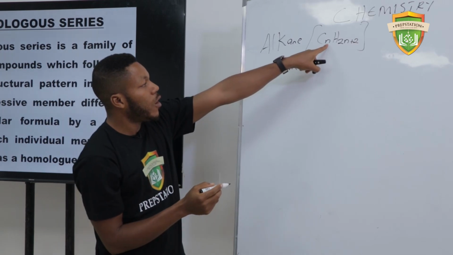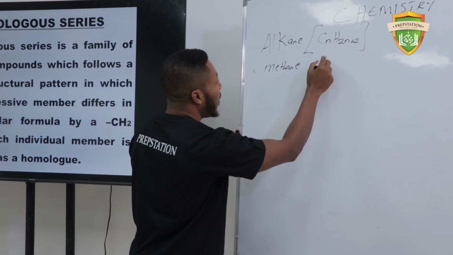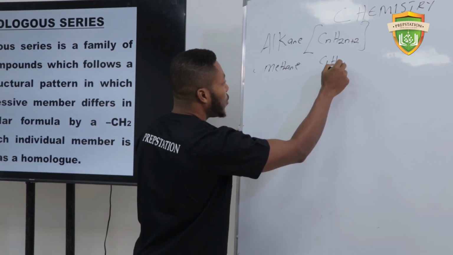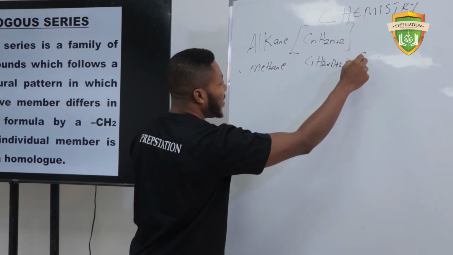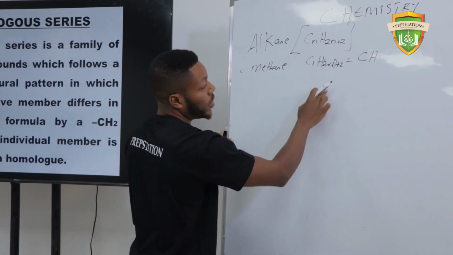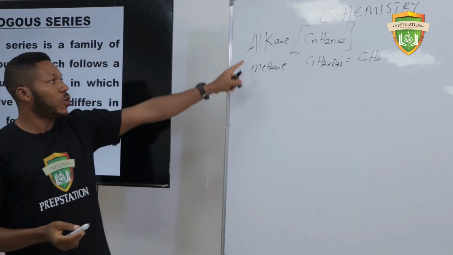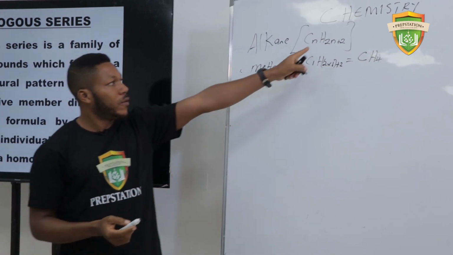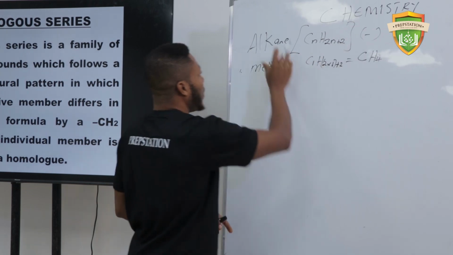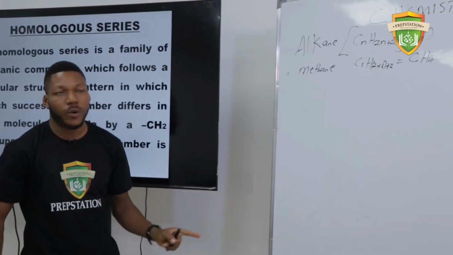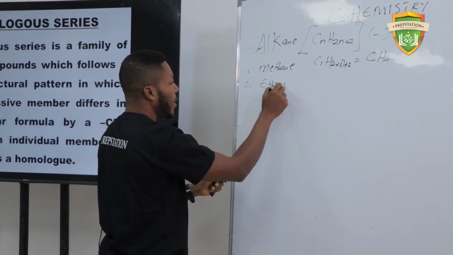If you substitute the value of n with 1, you'll have C1 H2 times 1 plus 2. That will give us CH, 2 times 1 is 2, then 2 plus 2 is 4. So this is the first member of the alkane family, gotten from the general formula with a single bond. Don't forget, all this alkane family contains single bonds.